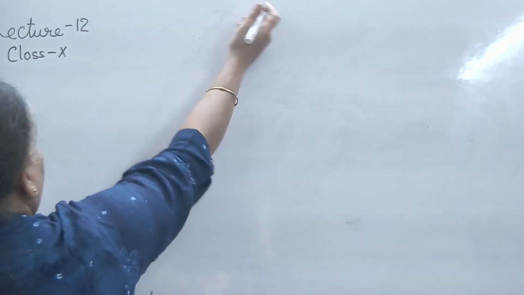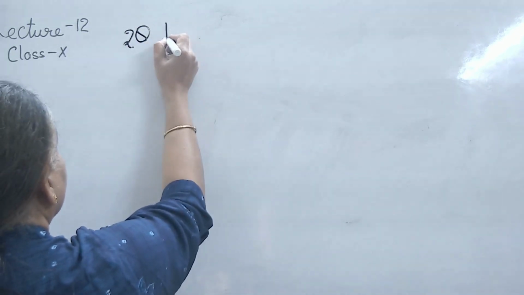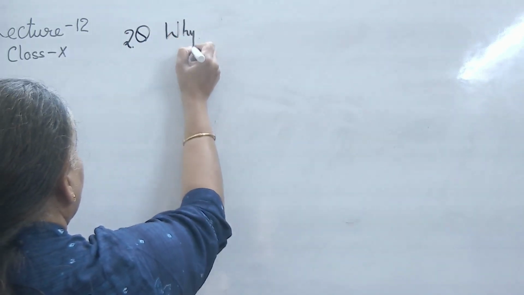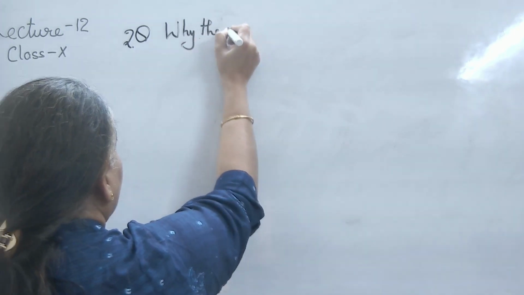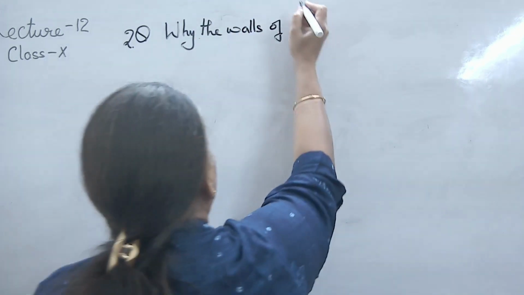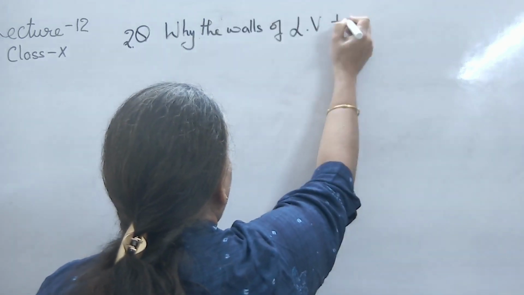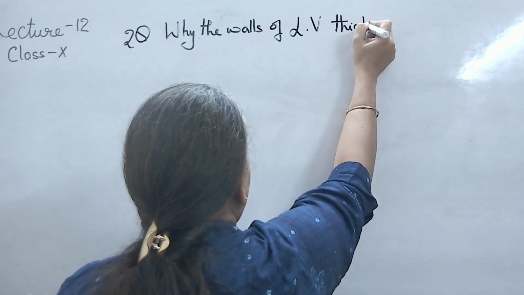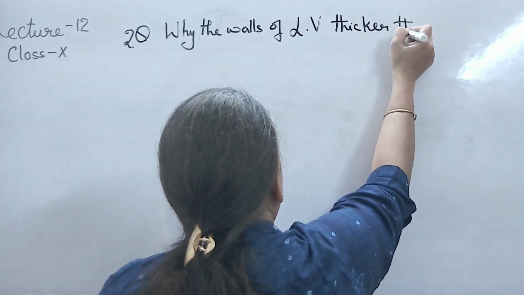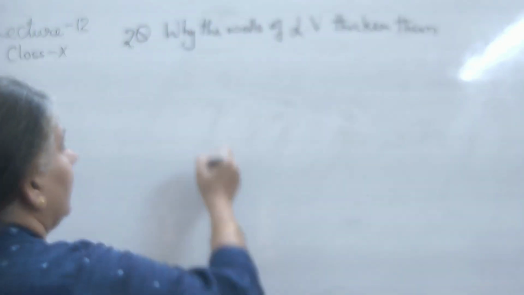The next question is: walls of left ventricle thicker than right ventricle.